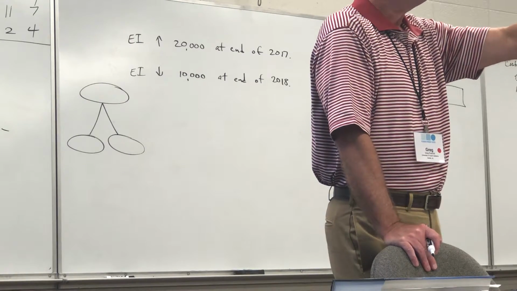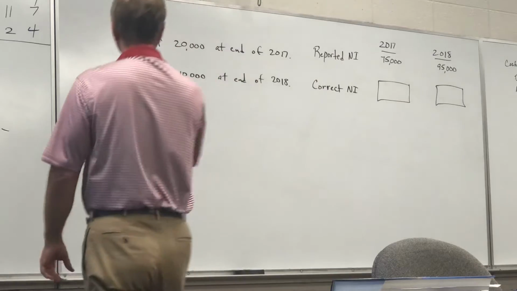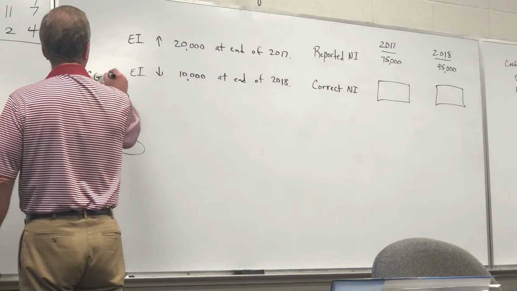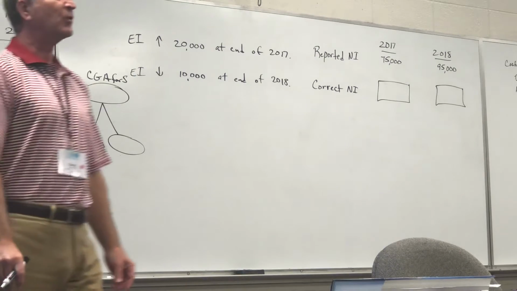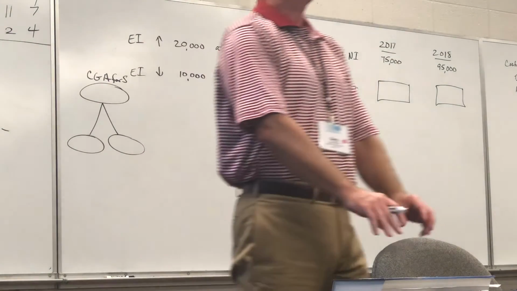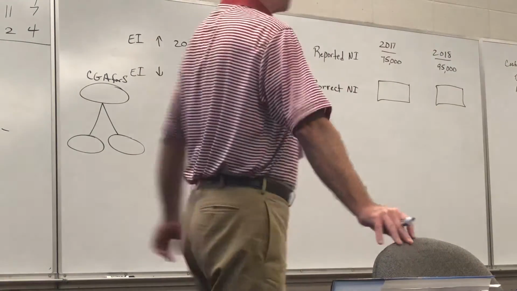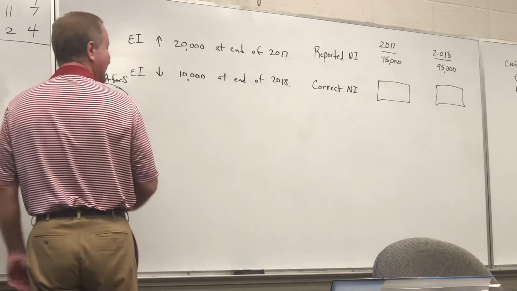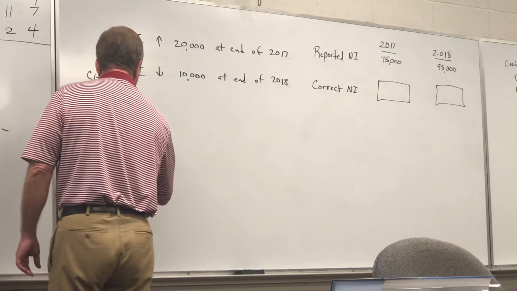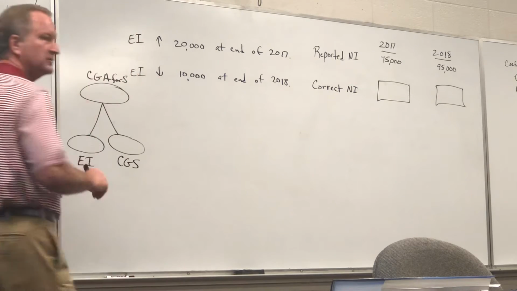Cost of goods available for sale. And then what did you do? Subtract ending inventory, and that gave you cost of goods sold.